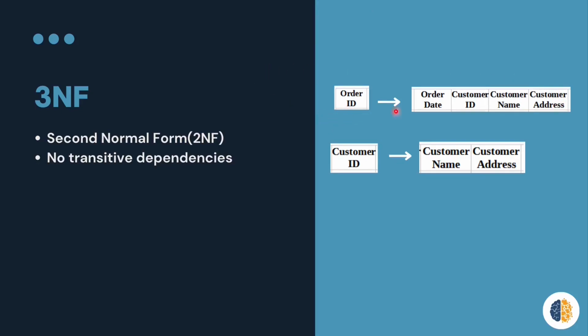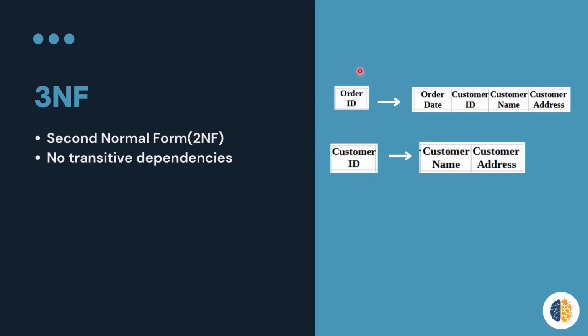Consider the customer order table with these attributes. Here, order date, customer ID, customer name, and customer address are functionally dependent on order ID, which is the primary key. But if we know customer ID, we can uniquely identify customer name and customer address, which means customer name and customer address are dependent on customer ID.